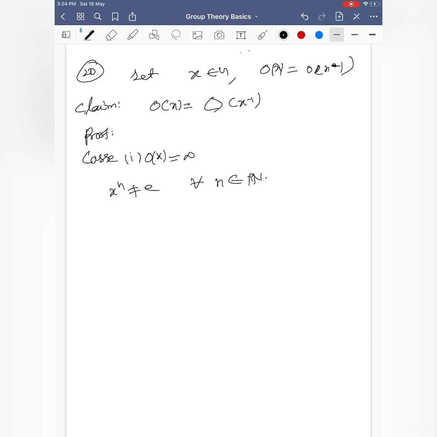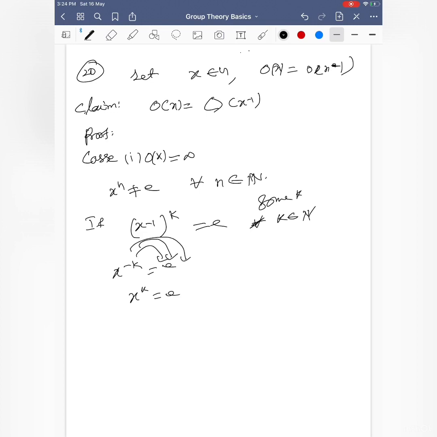So it's clear that if x inverse power k equals identity for some k belonging to the natural numbers, that means x power minus k equals identity, that means x power k equals identity. You roll this one by one: x power minus k can be written as x power minus 1 multiplied k times, then that is identity.